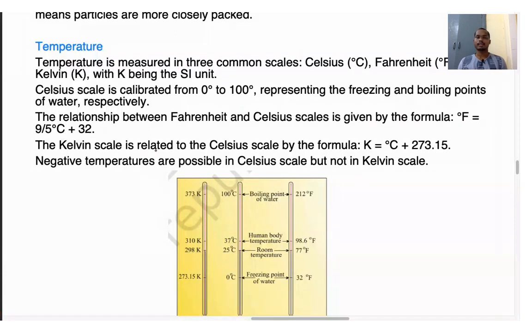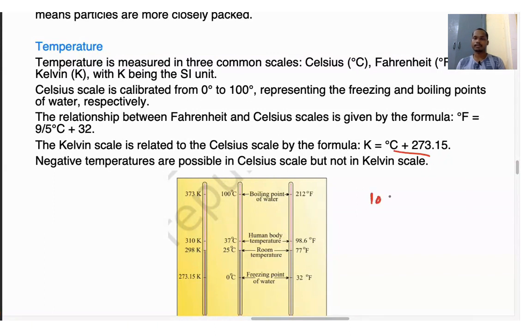The Kelvin scale is related to the Celsius scale by a formula. If we want to convert Celsius to Kelvin, we use this formula: Celsius plus 273.15.